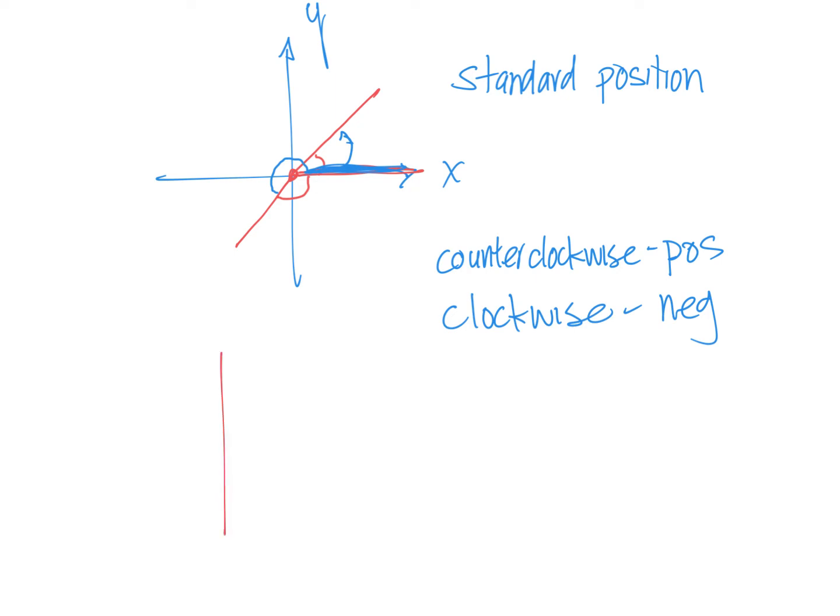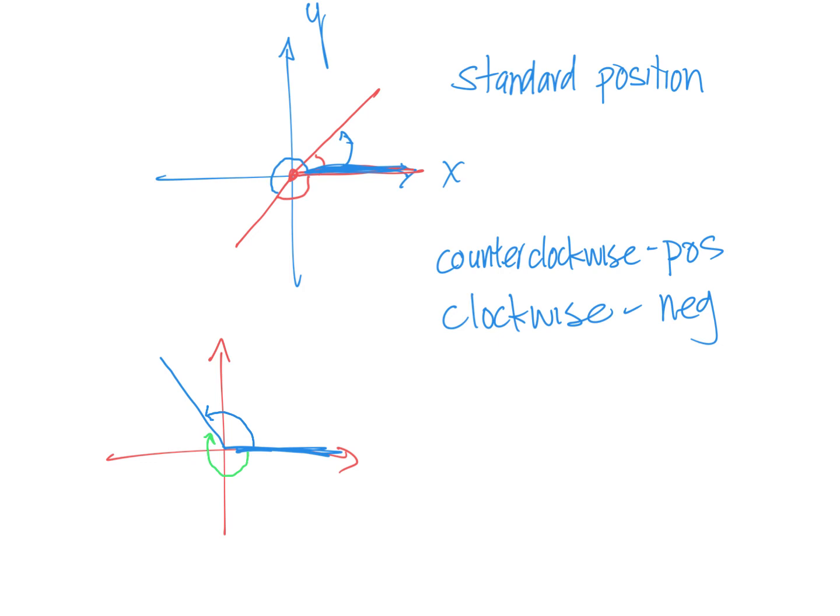Now, let's say this angle is over here. We would have the initial side of this angle along the x-axis, so it's in standard position, and the terminal side, the last part, will be right here. And let's say maybe this angle could be drawn going upwards. Or we could draw the angle maybe going downwards. So we have a negative.